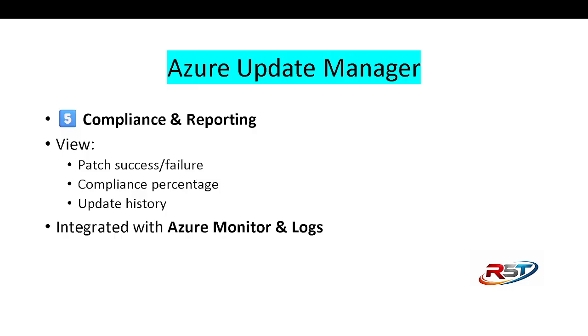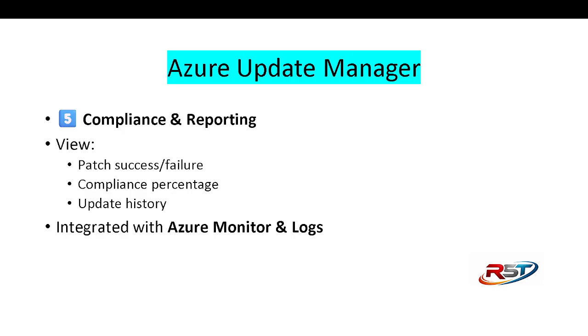Compliance and reporting. Under compliance and reporting, it shows the patch success or failure, and the compliance percentage, meaning how much percentage of all servers complied. It verifies whether a patch is successfully installed or not. If it is a success, it will show success; otherwise, it will show failure.